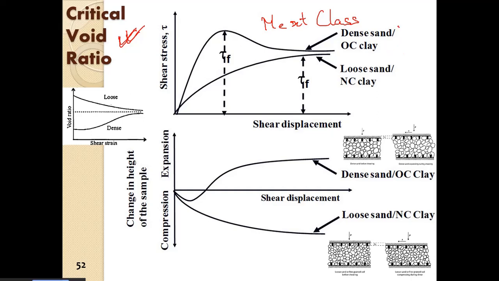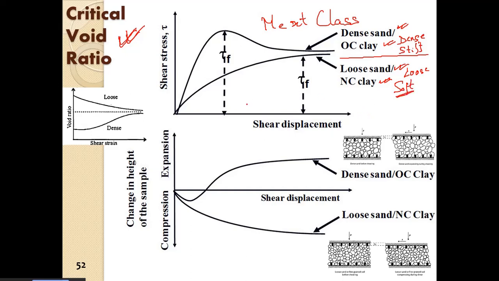One is the dense sand or over consolidated clay, and one is the loose sand or normally consolidated clay. So basically one is a dense state, a stiff state, and one is a loose state, or a soft state.